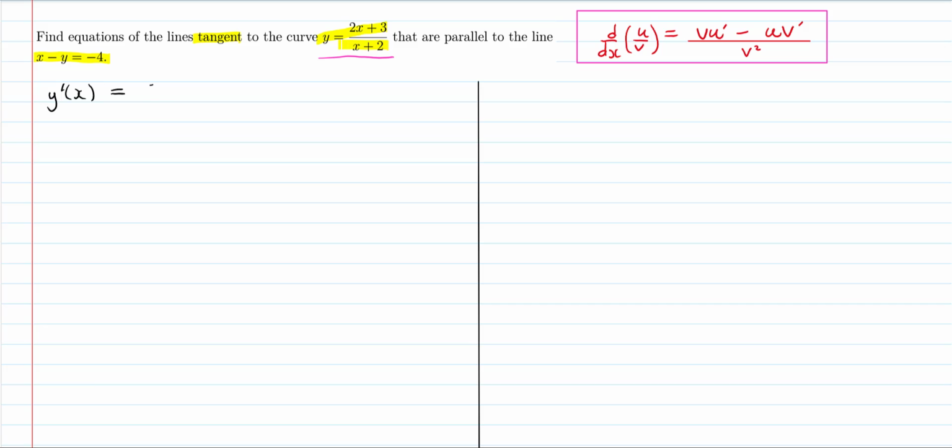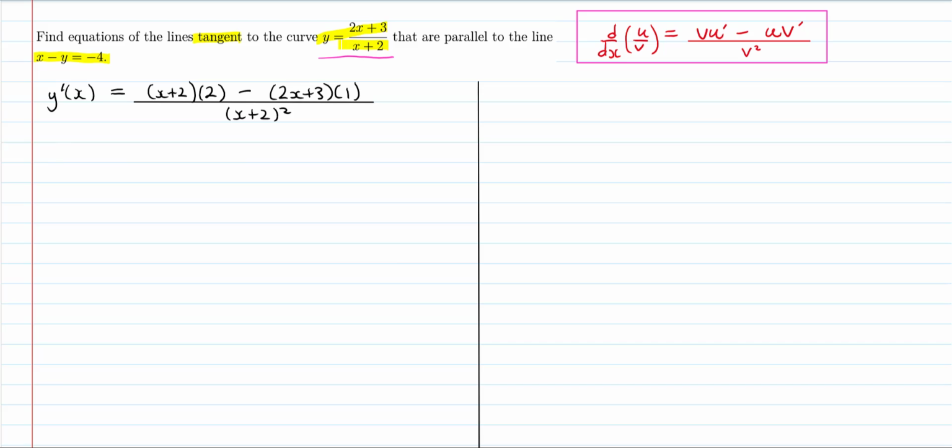So we have x plus 2 times the derivative of u, which is our numerator. The derivative of 2x plus 3 is just 2. Then we subtract u, so 2x plus 3, times the derivative of v. The derivative of our denominator, x plus 2, is just 1. And that's all over v squared, which is (x plus 2) all squared.